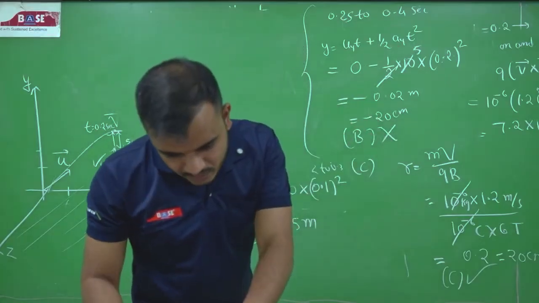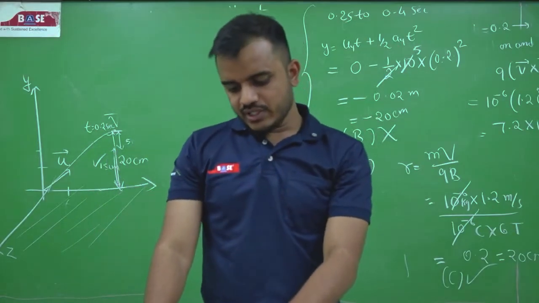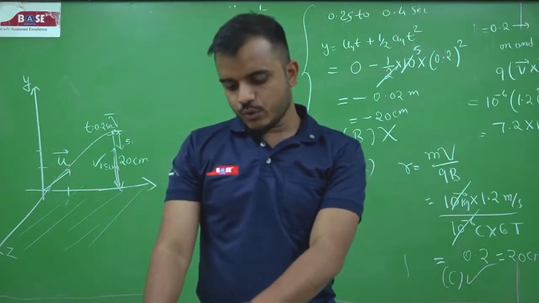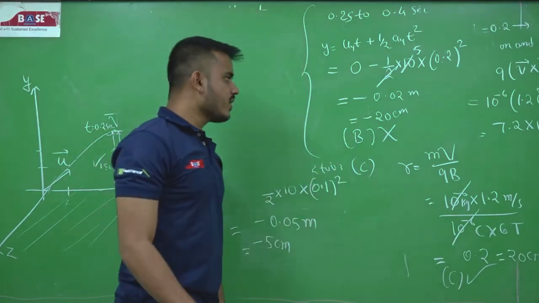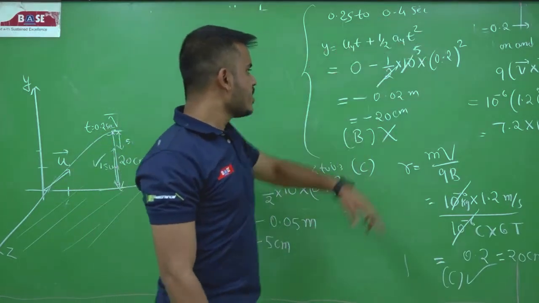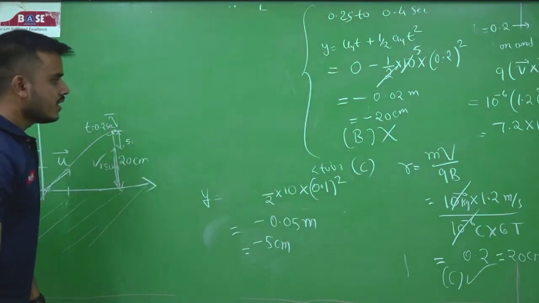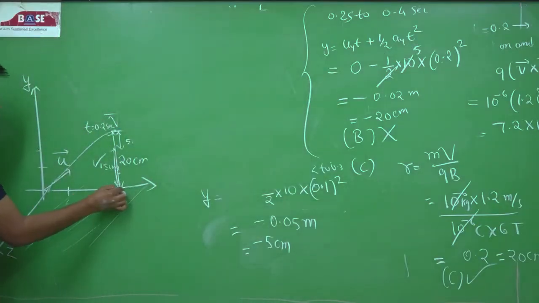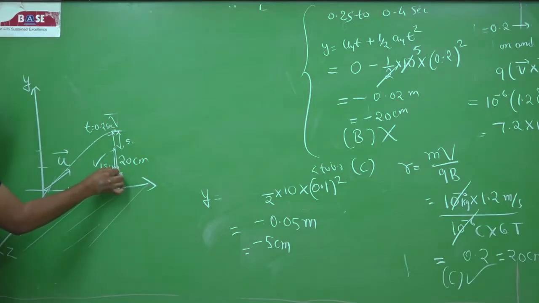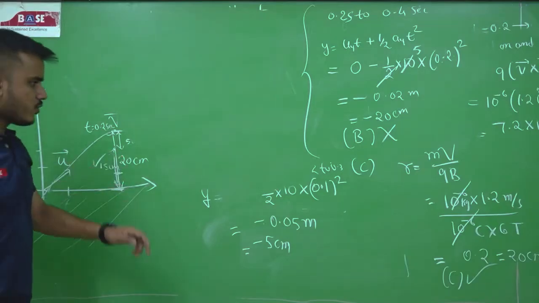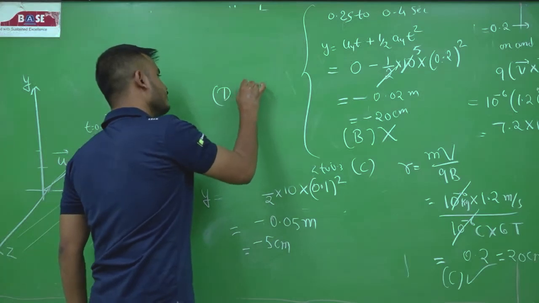In this option it is given that the particle will be in the xz plane at t equal to 0.35 second, but the particle is coming to the xz plane after 0.4 second. So the particle will not be at the ground, it will be somewhere here, because after 0.4 second it is coming here, which means in 0.35 second the particle will be somewhere here. So that's why option D is also incorrect.